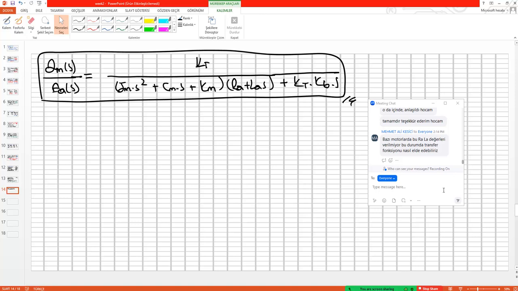We will make the estimation algorithm in this lesson, but in real cases. Okay, Mehmet Ali? In the next sessions, we will talk about it. Okay. I will implement the motor application in the course of this lesson.